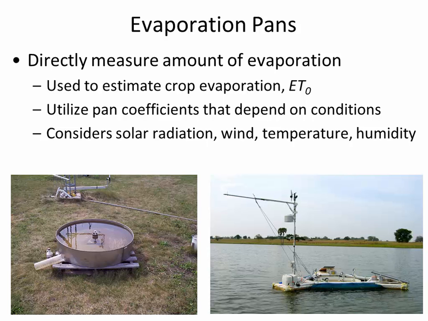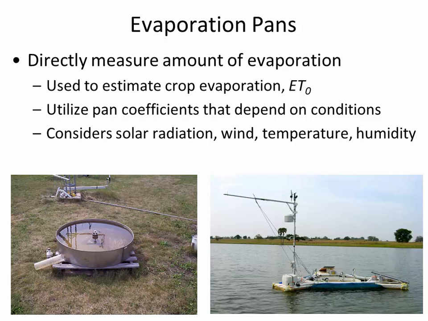What you're trying to do is measure how much water is lost from a small pan like this, or sometimes if they want to know how much evaporation there is from a lake rather than from crops, they may have some sort of a floating little boat system, and you can't see it very clearly, but in the center of this floating boat is just a little pool where they're measuring the water elevation very carefully to find out how much it's dropping over a certain period of time.